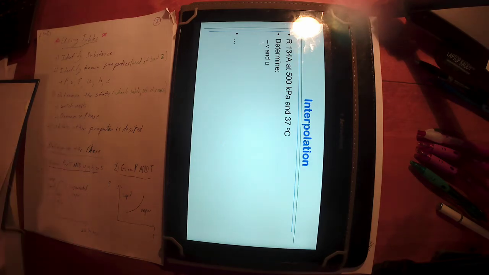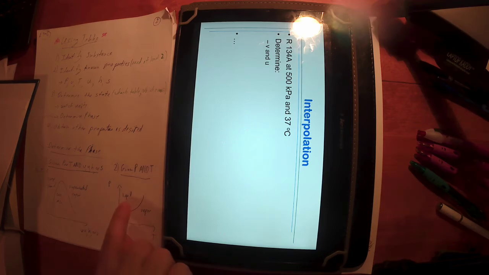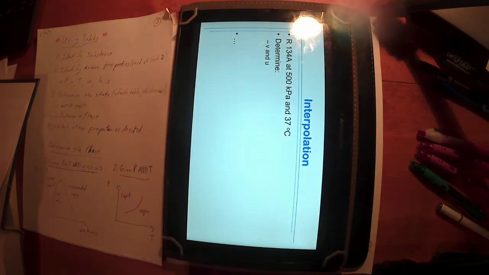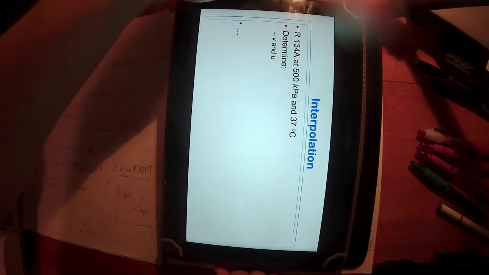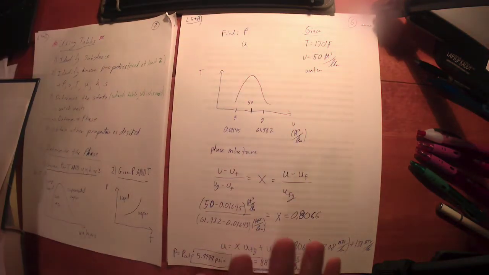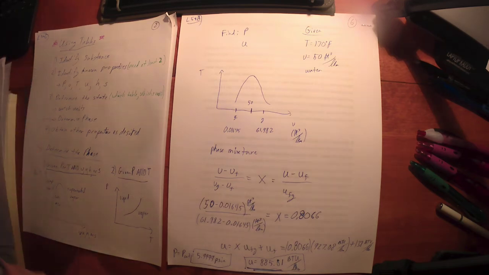R134A, metric units, 500 kilopascals. The saturated temperature for R134 at 500 kilopascals is about 15.71 degrees C. We're at 37. So that puts us in the superheated vapor region. R134 at that pressure is going to boil at 16 degrees C, and we're up at 37.